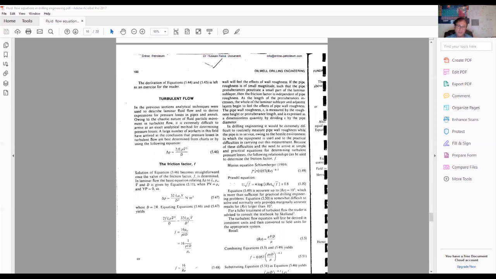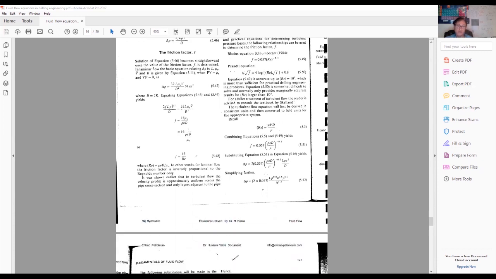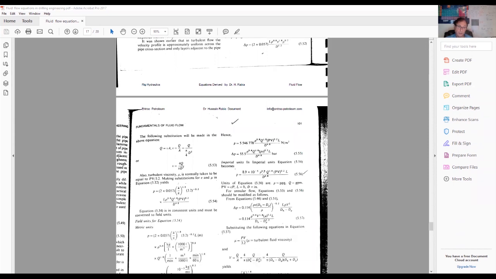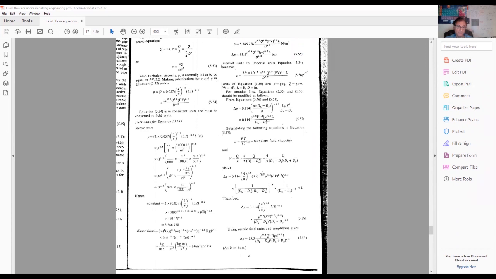So if we use this factor, then the Reynolds number is given by rho V D divided by viscosity, and you plug that into the friction factor. So now the friction factor is expressed in terms of velocities. And if you plug that back into this equation 546, that is actually the turbulent flow equation. Then if you simplify this further, you end up with the equation which you've seen in my book.